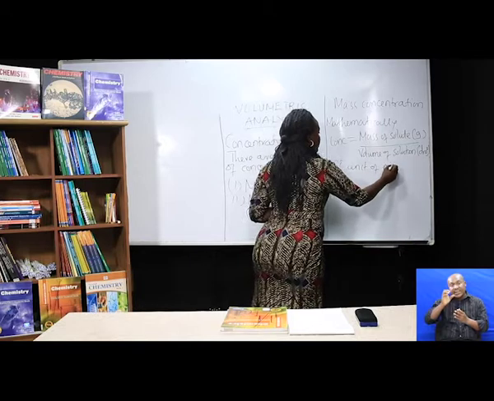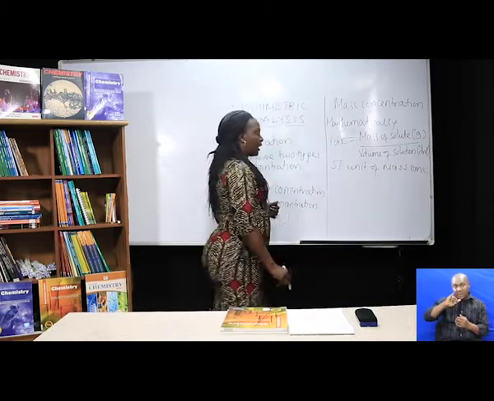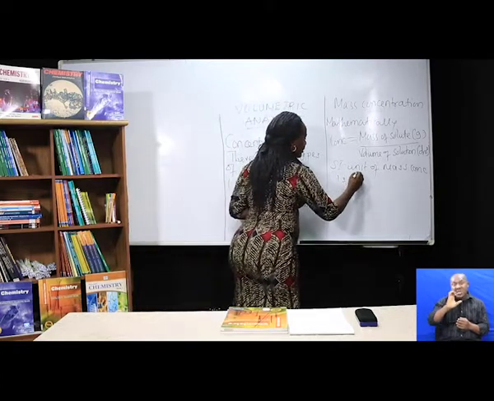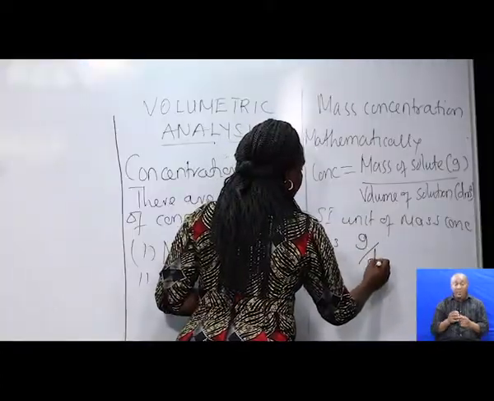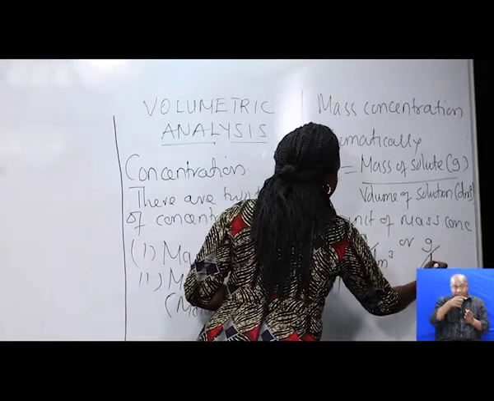The SI unit of mass concentration, which we abbreviate as C, is gram per decimeter cubic, or grams per liter.